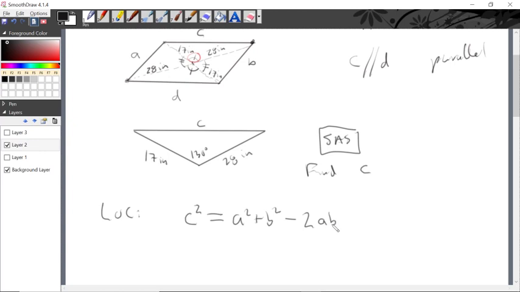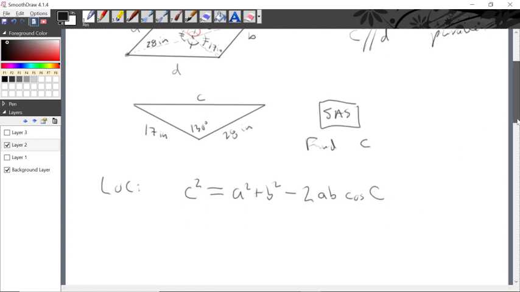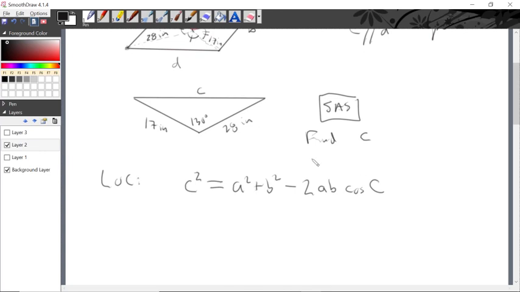So minus 2AB times the cosine of the angle that is opposite the side length we want to solve for, so angle C. I write out the complete formula with all the variables in it before I start plugging the numbers in, to make sure the formula is correct.